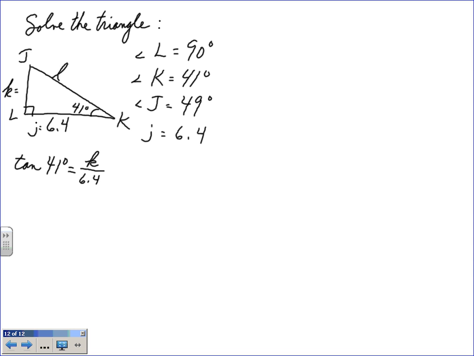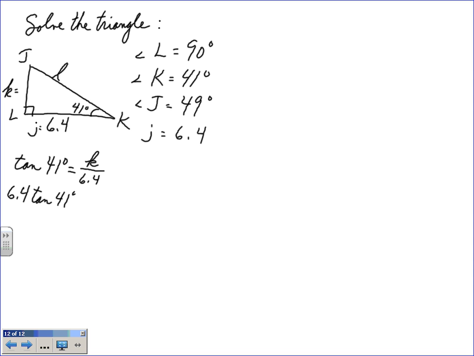You're going to find that the math involved in trig should be fairly easy. Okay, but it's the memorization that we kind of get bogged down with. And all we have to do is multiply both sides by 6.4. 6.4 times tangent of 41. So put that in your calculator for me, would you?